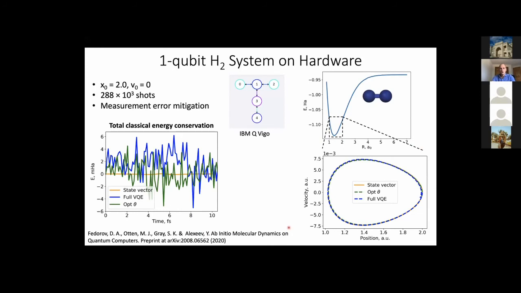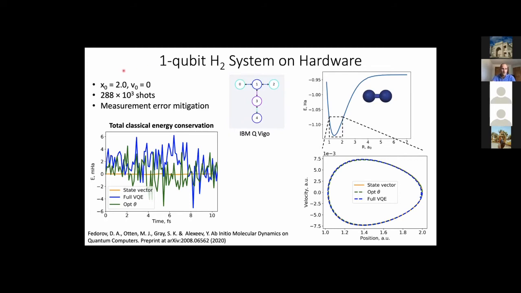So the actual simulations we ran on IBM quantum hardware, on a 5-qubit Vigo machine, which has the lowest error rates for our particular problem.